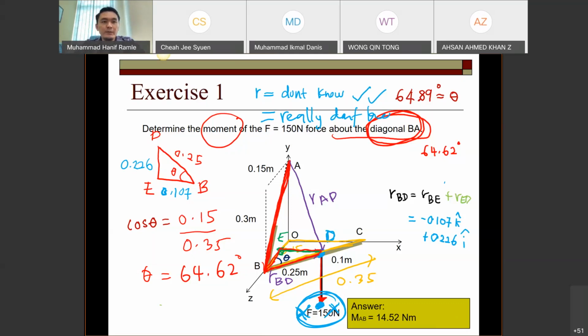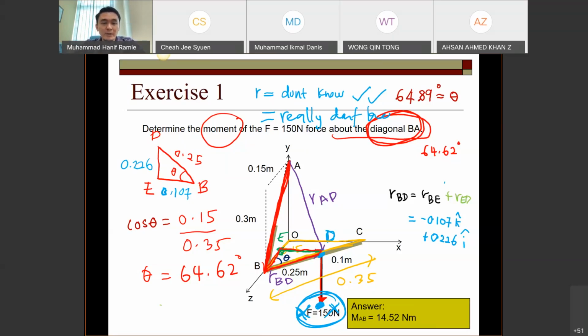If you look at this figure, RBD and RAD, RBD is the simplest because it only has two components, I and K. But for RAD, we have three components.